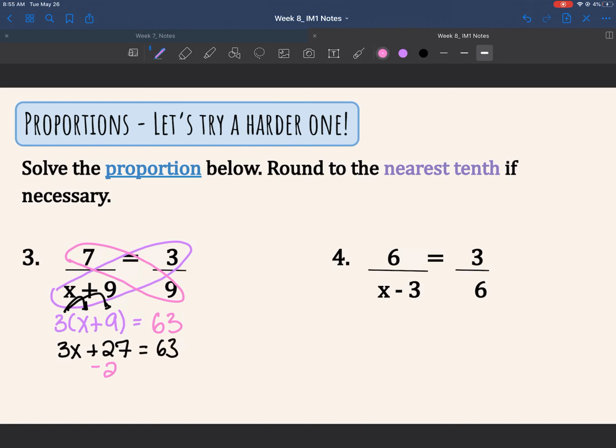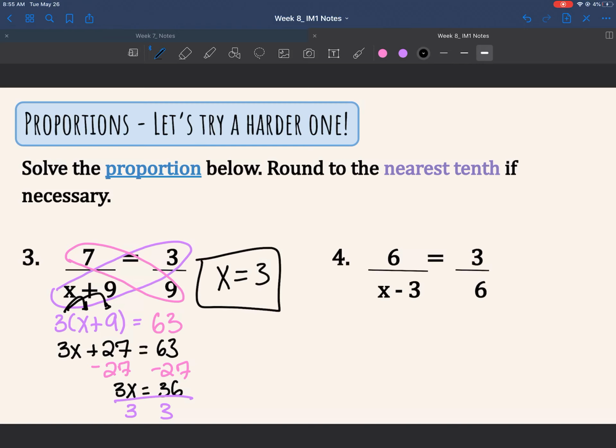We can subtract 27. And we get that 3x is equal to 36. And then again, when we divide by 3, we're going to get that x is equal to 3. Or I'm sorry, not 3, equal to 12.